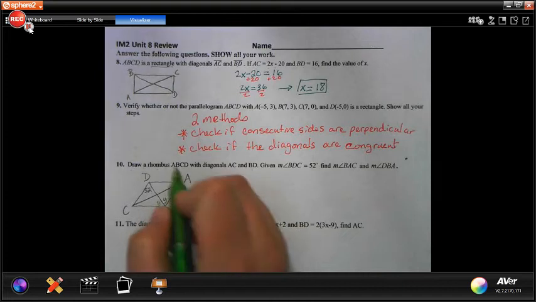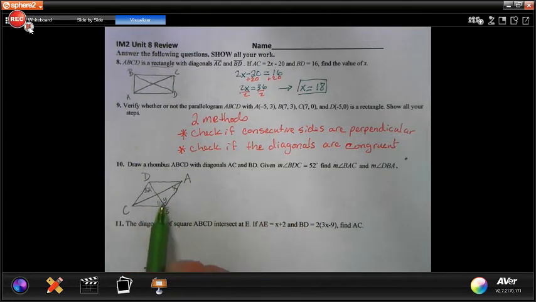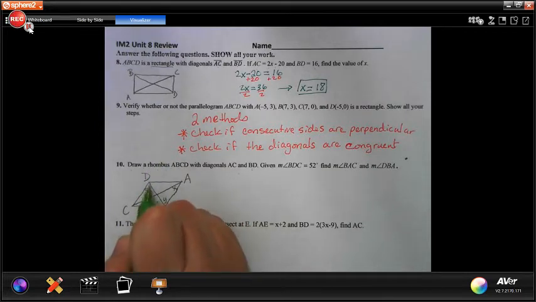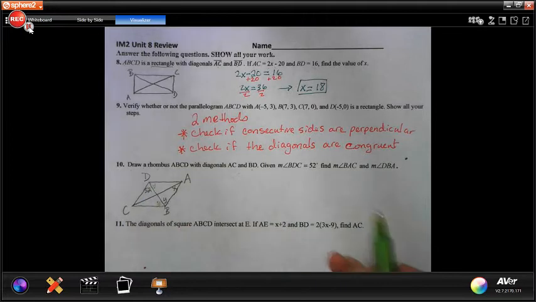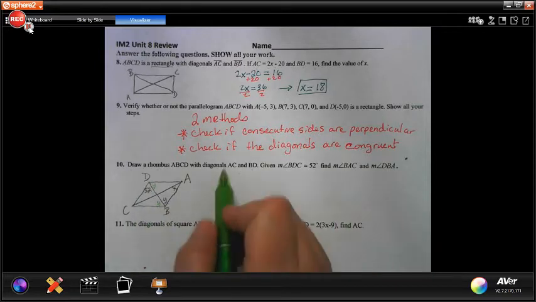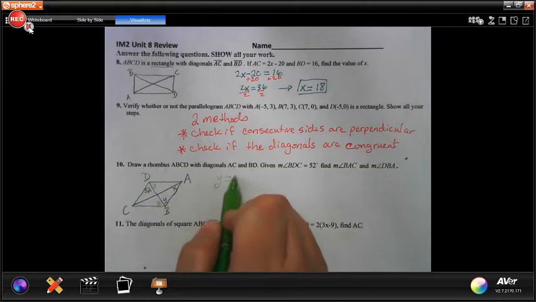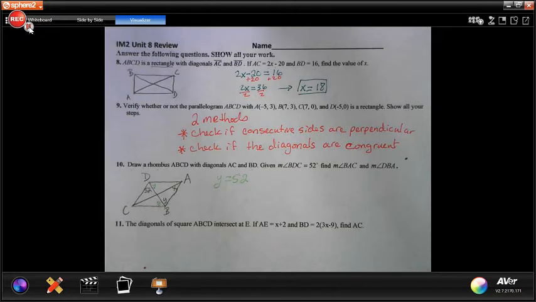Okay, that's Y. But if you noticed, the opposite angles are equal. So these two angles are going to be equal to these two angles. This is Y as well. That means, since this is 52, all of these are 52. Y equals 52. Okay? Because they're all 52.